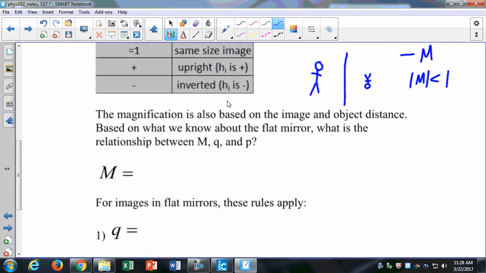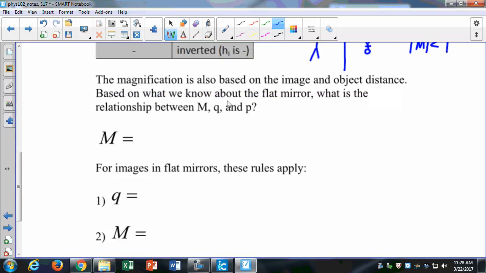We can also calculate this based on the image and object distance. We know that flat mirrors have a magnification equal to 1, but more about that in just a second. That means the image is always the same size as the object.